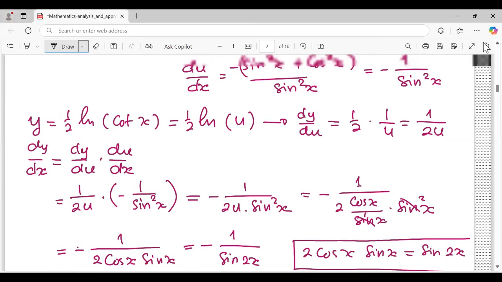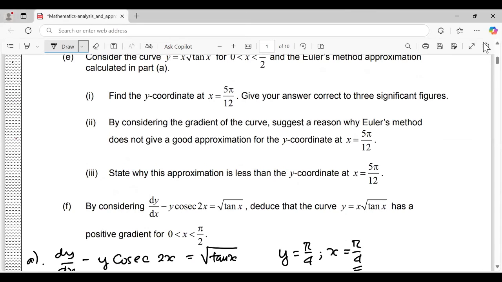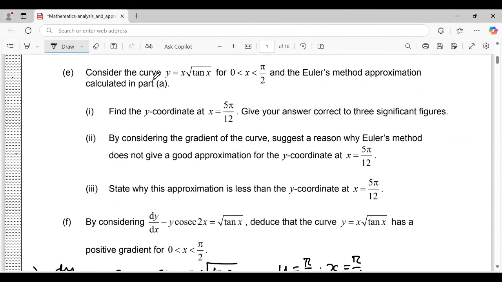Let's look at the question. Consider the curve y equals x square root tangent x for the x interval 0 to pi over 2, and the Euler's method approximation calculated in part A. According to part A, the result for y is 1.98, right?